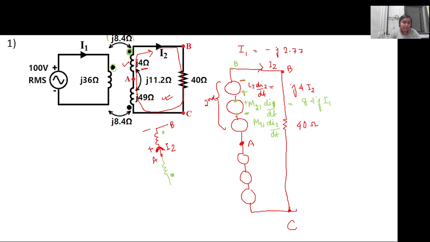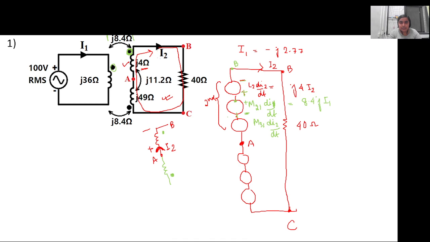So again, in one case the current is flowing out, in the other case the current is flowing in. So how will the sign convention be for M31?